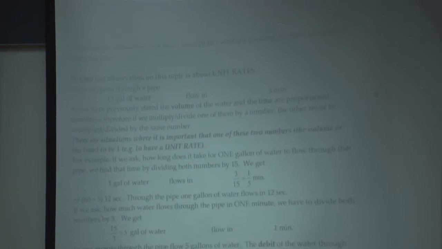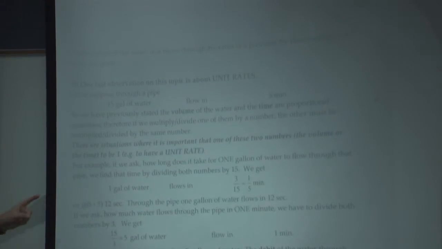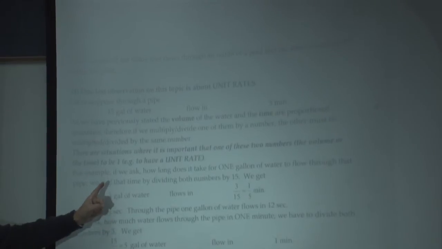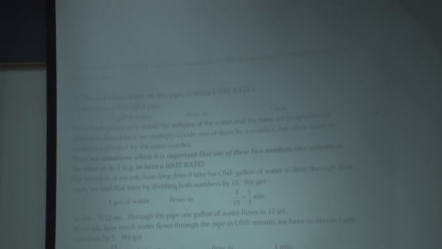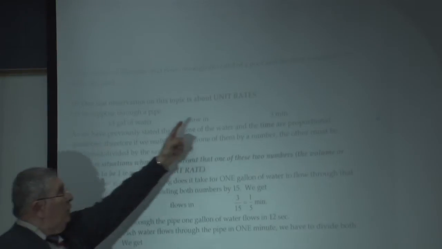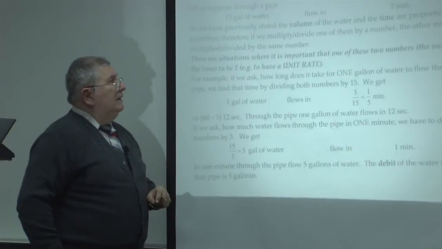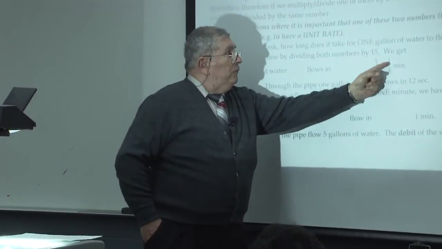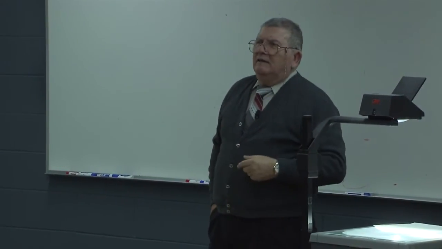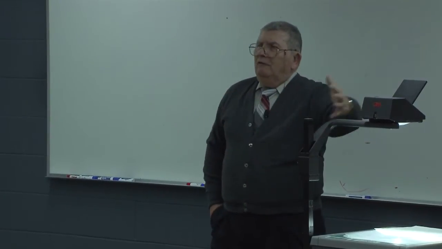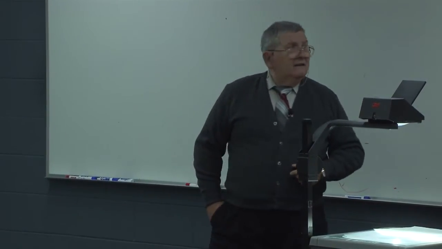For example, if I want to find the time necessary for 1 gallon of water to flow through that pipe, how long will it take? Then I will divide both sides by 15, because 15 over 15 is 1. So 3 over 15 is 1/5. So it will take 1/5 of a minute, which is 12 seconds, for 1 gallon to flow through that pipe.